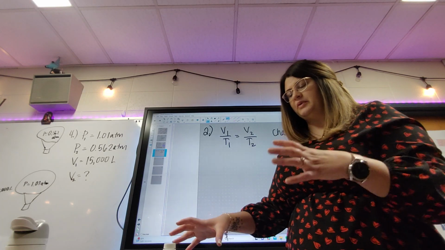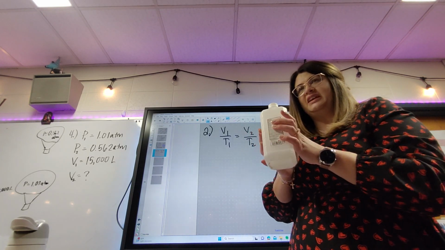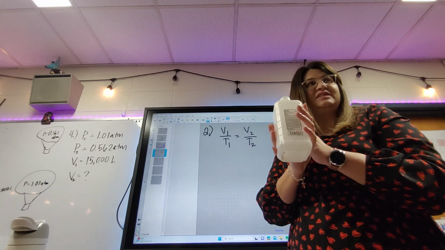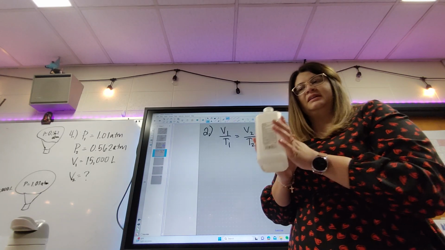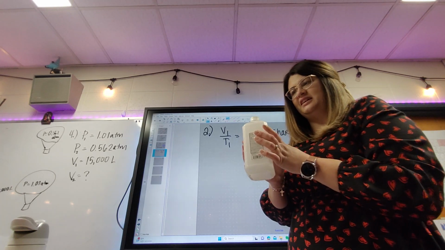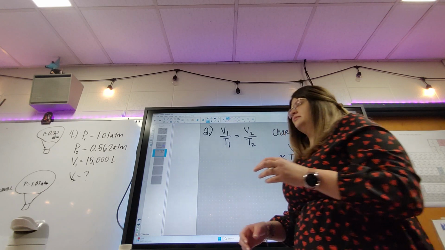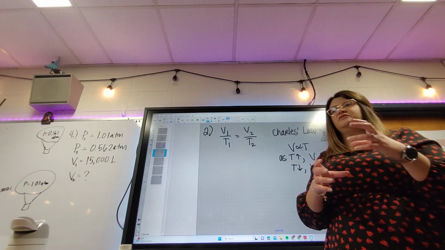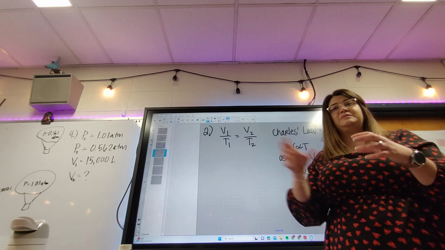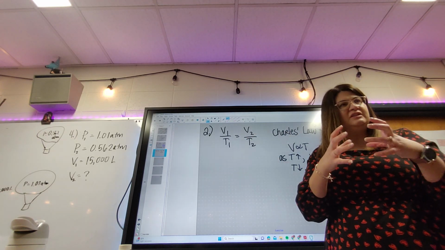So what will happen is, because the volume will go down, the bottle will shrink in on itself because the gas is taking up less space. And so that's why you see it flattening or shriveling up. Sometimes when you take the bottle out of the fridge and put it onto the countertop, it gets that really rigid feeling.